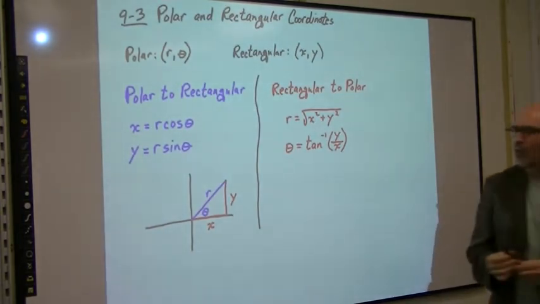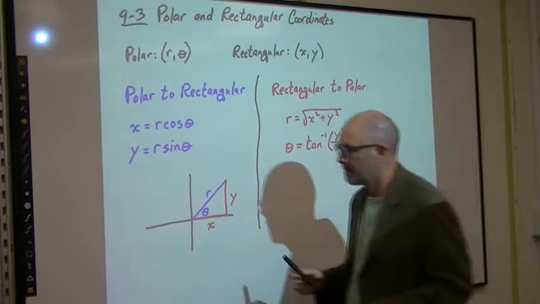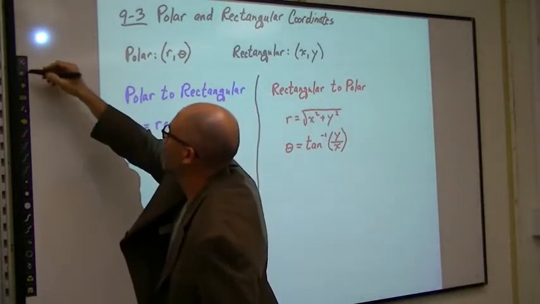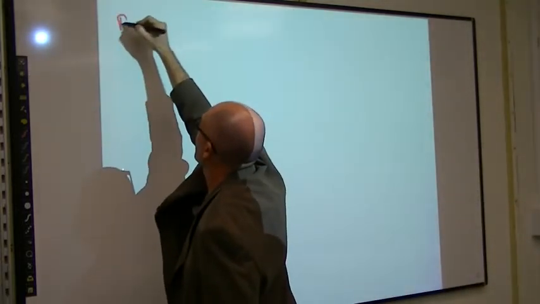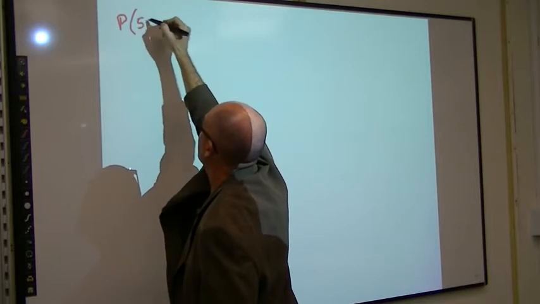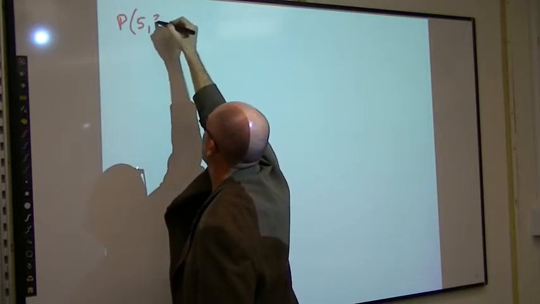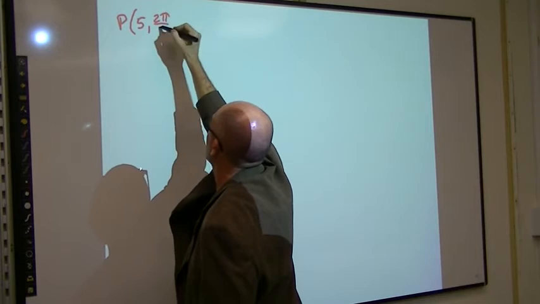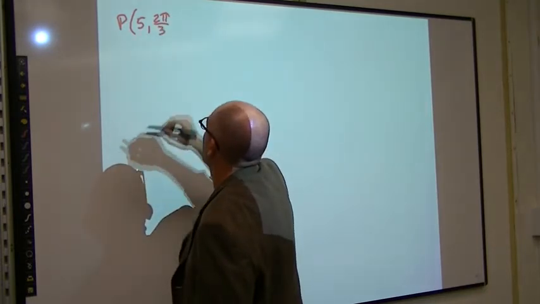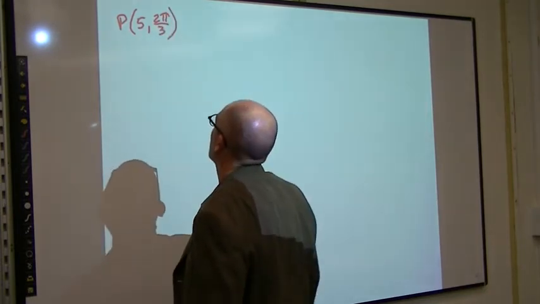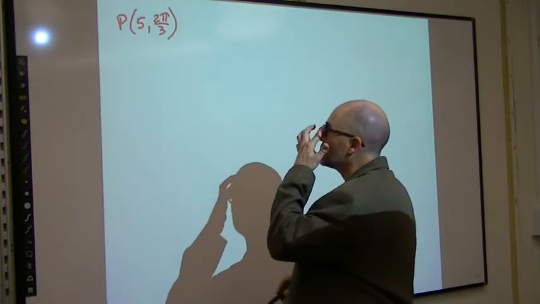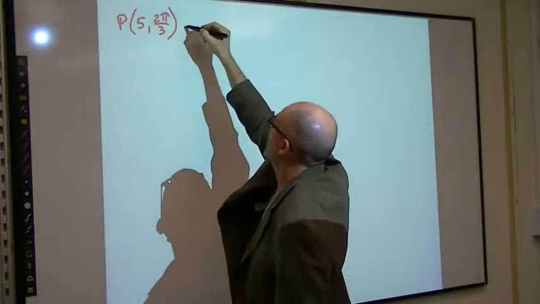Okay, so if I have a point 5, 2 pi over 3, and I want to change that to rectangular.